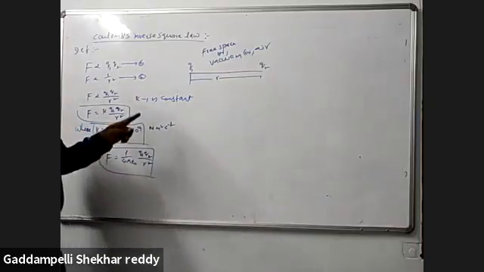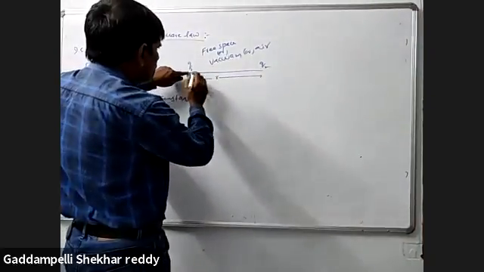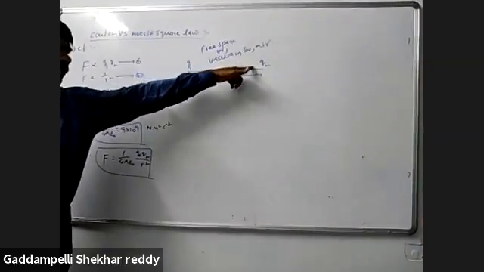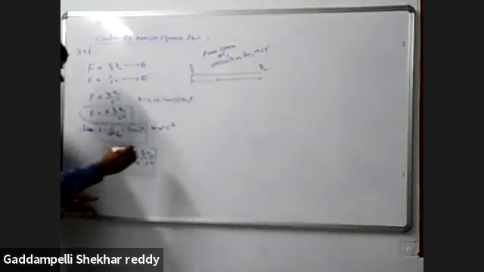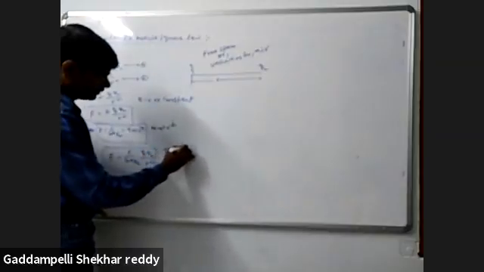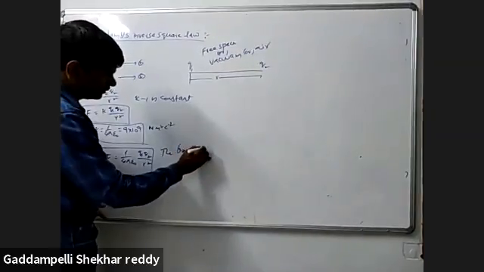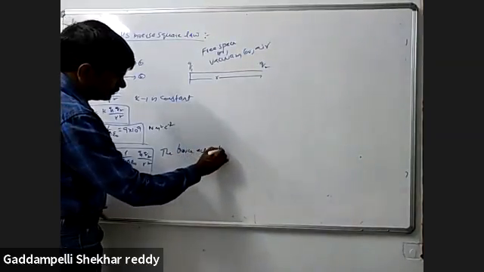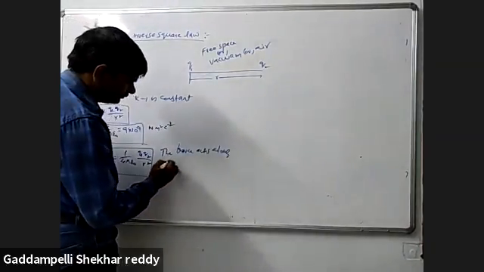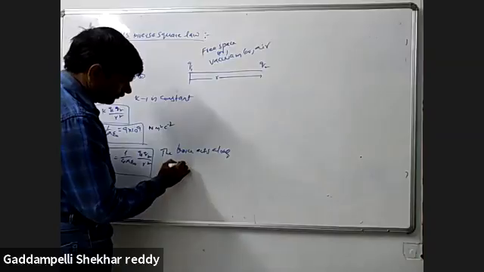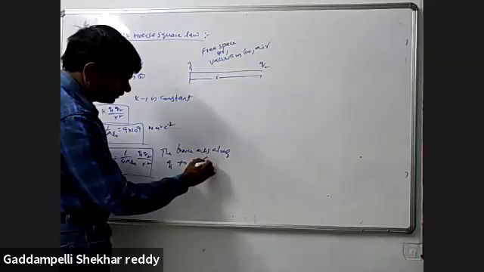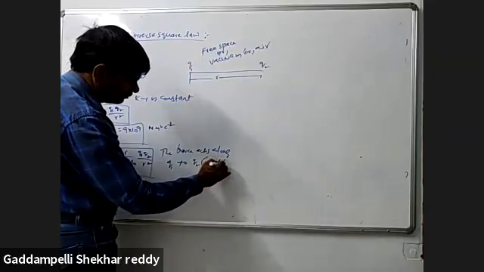Okay, here F. What is the direction of force? Here force is a vector. The direction of force is along the line joining Q1 and Q2, from Q1 to Q2 or between them.